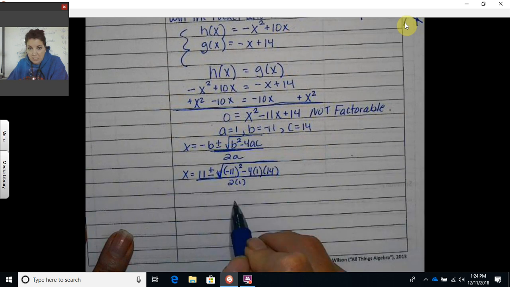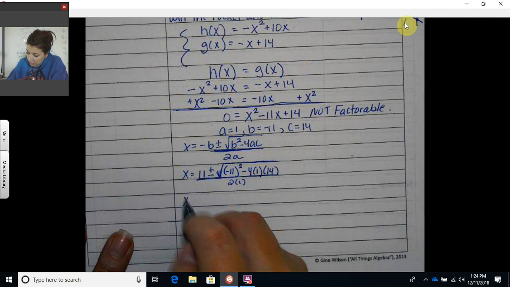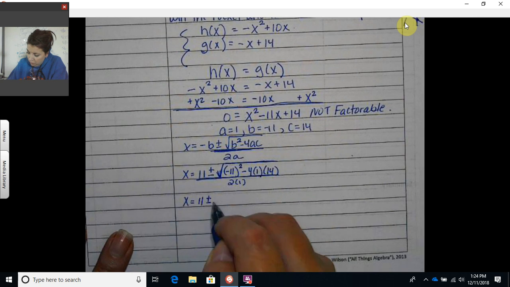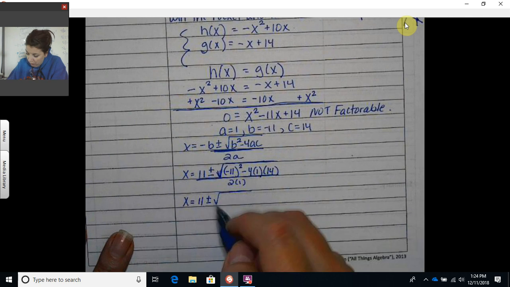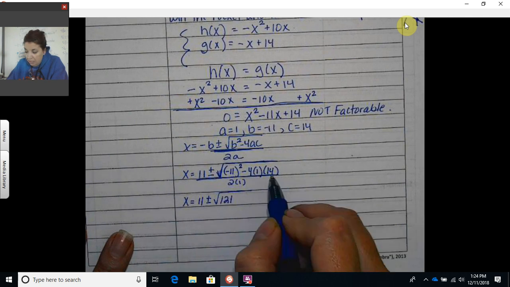Okay, so let me simplify that. I have X equals 11 plus or minus the square root of negative 11 quantity squared is positive 121. I'll do the minus 4AC all together. Negative 4 times positive 1 is negative 4.